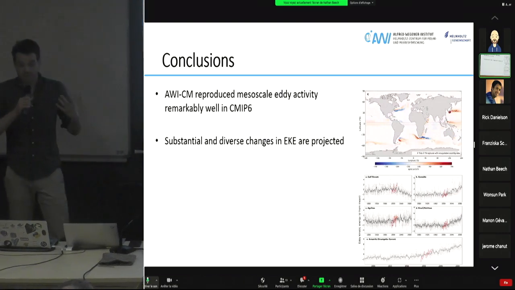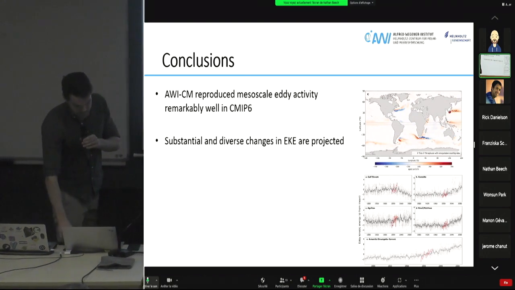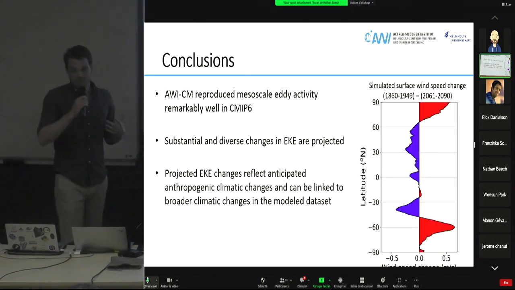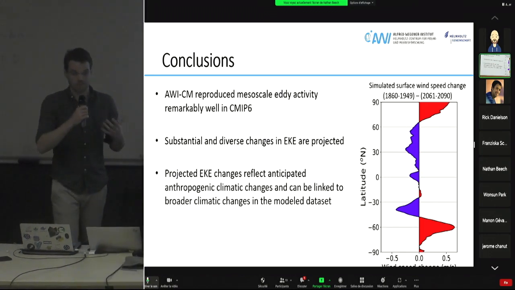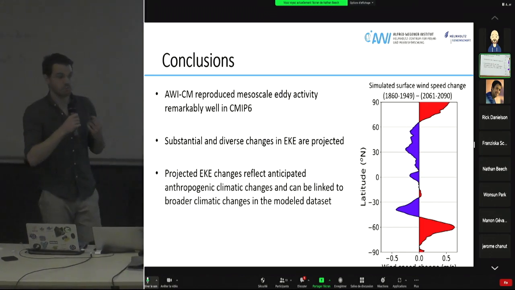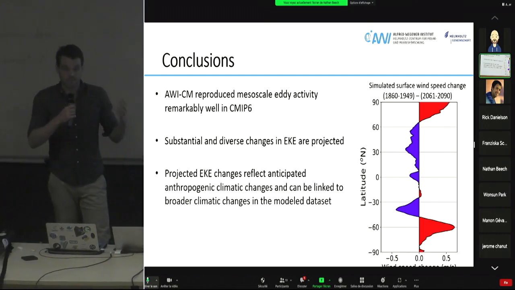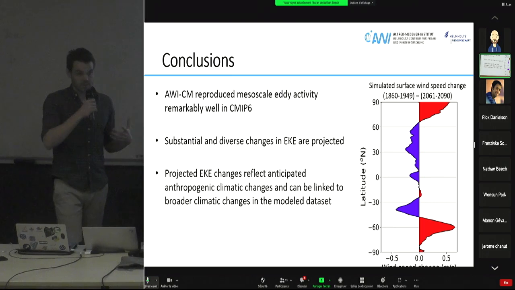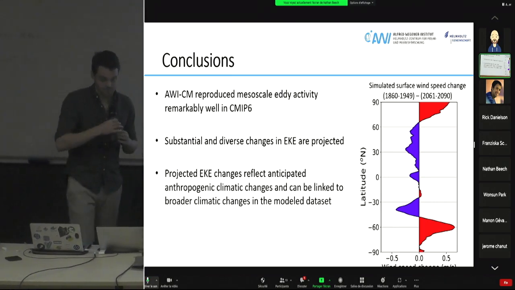And then we project substantial changes in eddy activity in the various regions. And we don't just have to rely on the model being the truth to reinforce those changes. We're also able to connect the changes in eddy activity to the rest of the model data set, as well as the published literature and what we expect to change in the context of climate change.